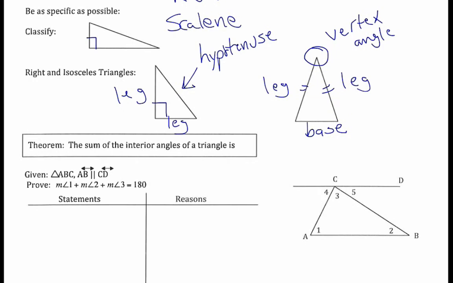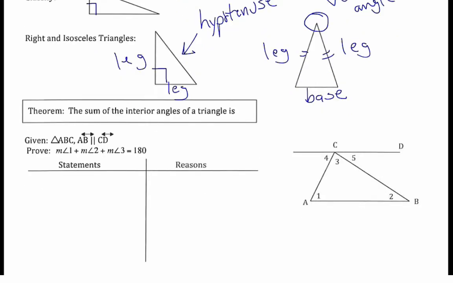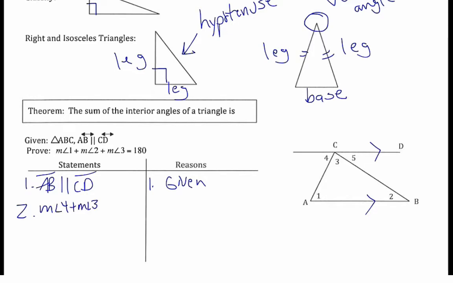Now, last time in class we proved that there are 180 degrees in every triangle. I want to show you a different, more direct proof of this. So for example, if we start with triangle ABC and we know that AB is parallel to CD because that was given, we construct it that way so we can work with the parallel lines. I know right away that the measure of angle 4 plus the measure of angle 3 plus the measure of angle 5 is going to equal 180 degrees because of the angle addition postulate.